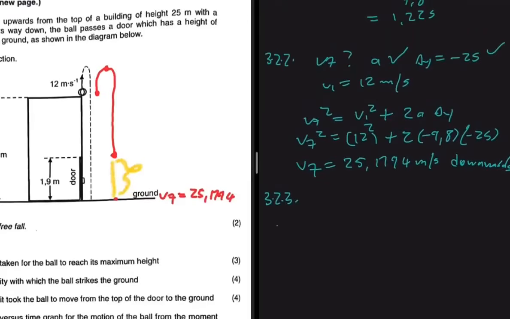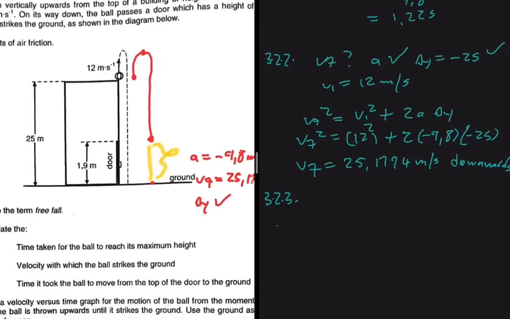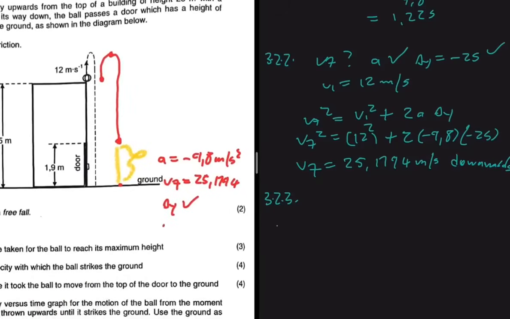We also know the acceleration is obviously minus 9.8 meters per second squared. Then we have delta Y. We know the height of the door is 1.9 meters. What are we looking for? We're looking for the time it takes, so we're looking for delta T.